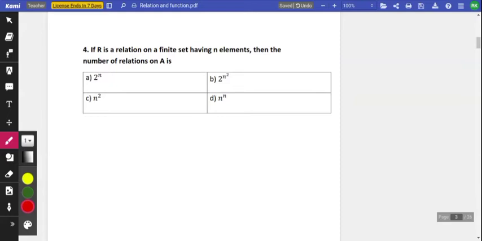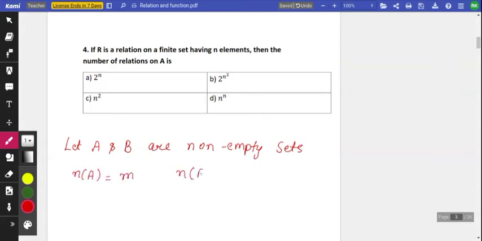Let R be a relation in a finite set having n elements. In this question, suppose A and B are non-empty sets, and the number of elements in A is m and the number of elements in B is n.